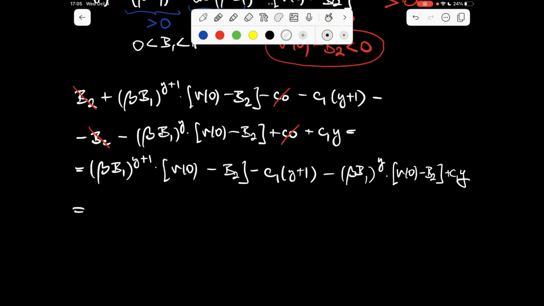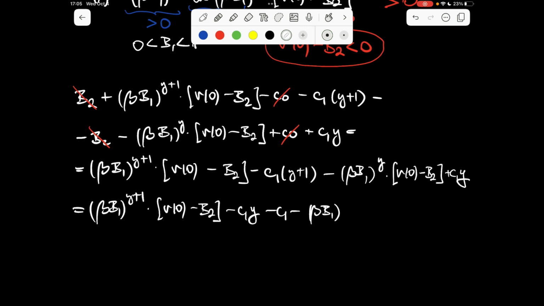And in the next step, we can get rid of these parts. So we have this equation.